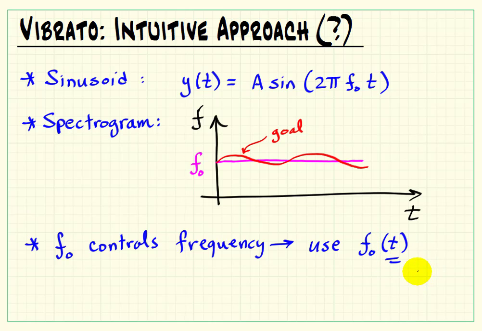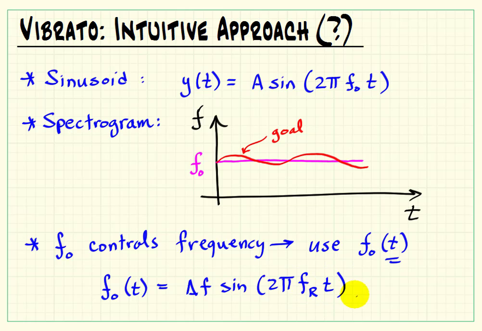According to our spectrogram picture, it looks like we would like to have a sinusoidal variation about the constant frequency f0. So let me write the sinusoidal variation as delta f times sine of 2 pi fr t. So delta f is my frequency deviation, fr would be my rate, which would be a rather low frequency compared to f0.